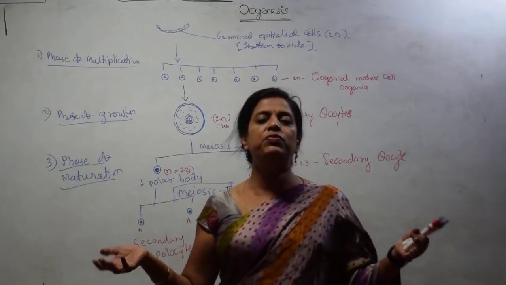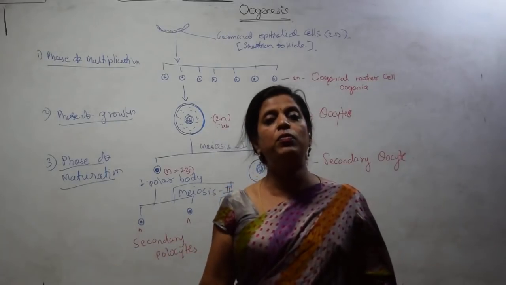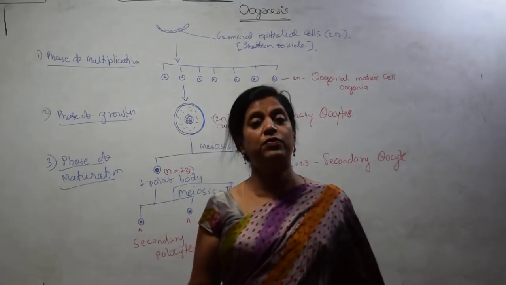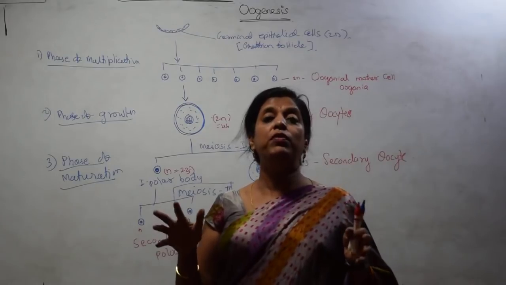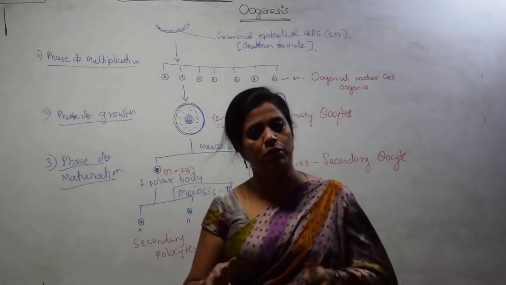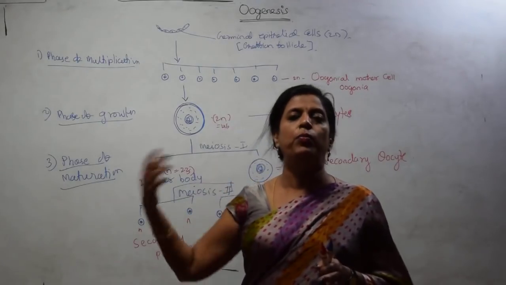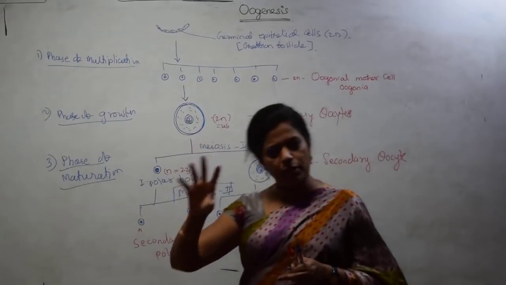But in all those animals which undergo external fertilization, there will be a huge, enormous increase, almost 200 folds increase in the size of the structure. In the primary oocyte, a lot of yolk is deposited. Yolk is nothing but yolk protein, deposited because they want to provide nutrients to the future embryo. Now in humans, there is little increase.